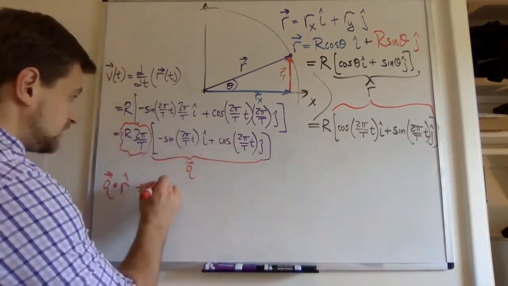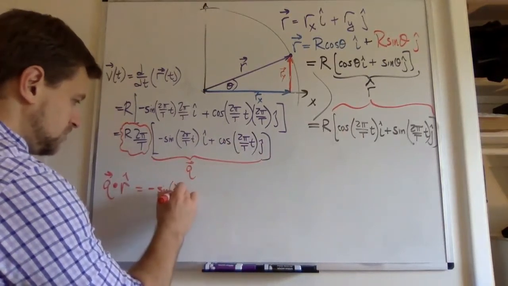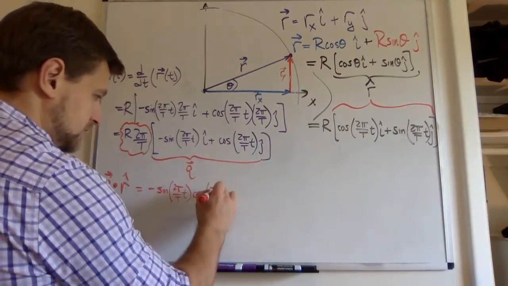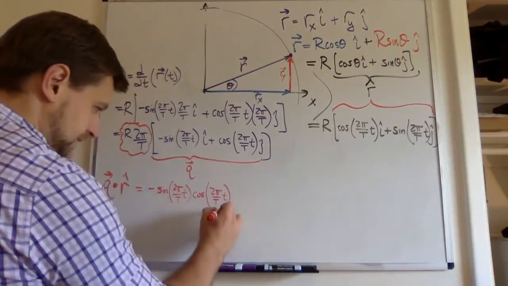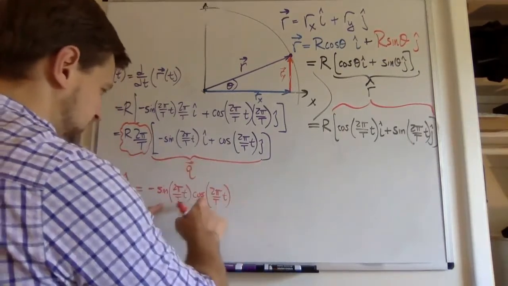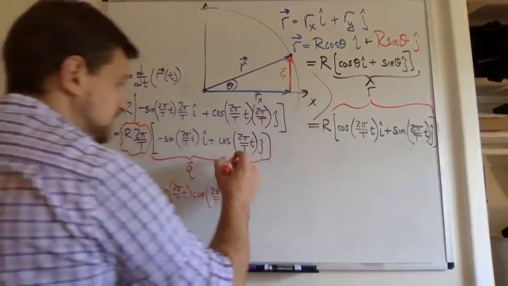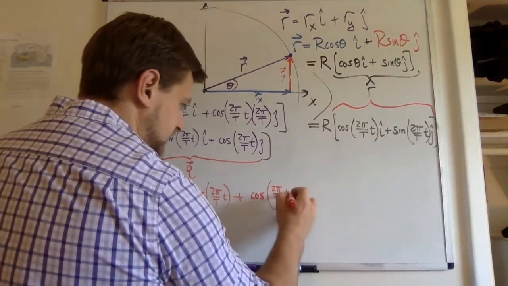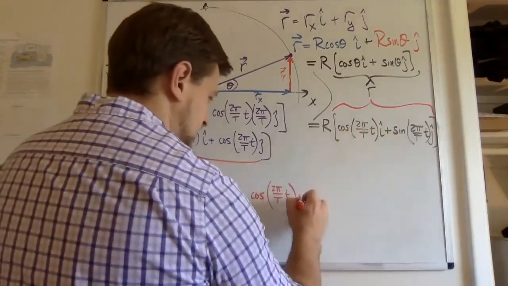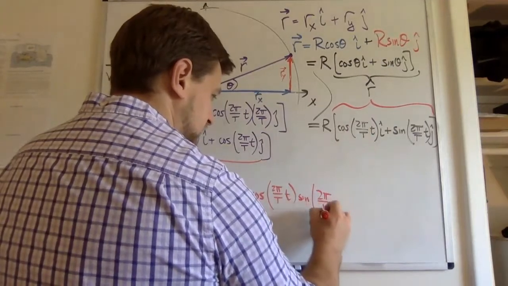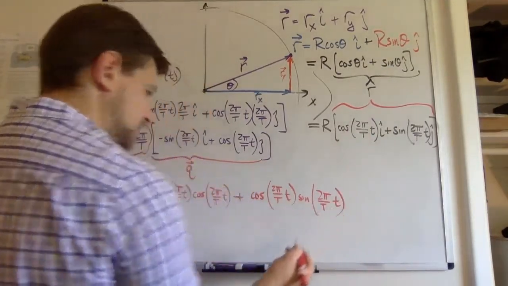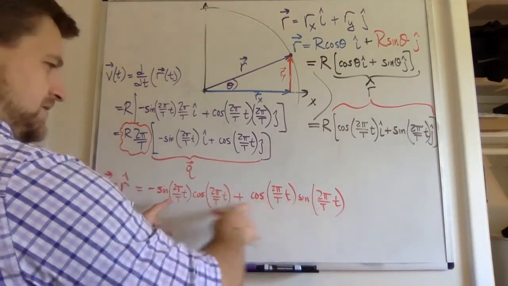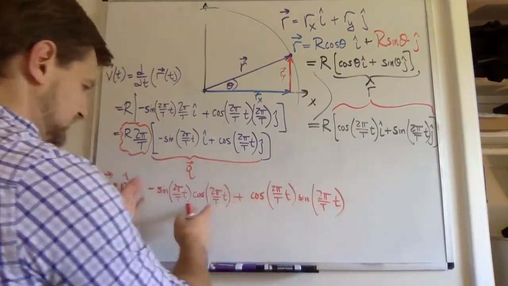So that's negative sine of 2 pi t over capital T times cosine of 2 pi t over capital T. The product of the components plus the product of the y components, cosine of 2 pi t over capital T times sine of 2 pi t over capital T. That's a thing plus negative, the same thing.